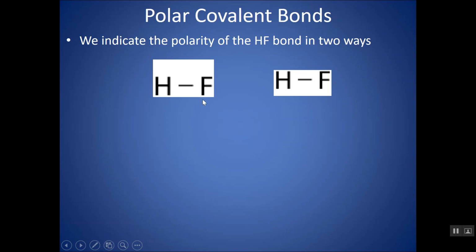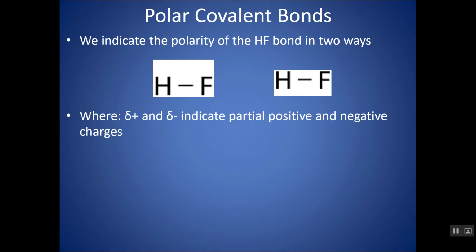What is the charge of electrons? Electrons are negative. So if something is attracting electrons toward itself, it's going to start to get a partial negative charge. We can show partial positive and partial negative charges with this symbol, a little lowercase Greek delta sign. It looks kind of like 3/4 of an 8.